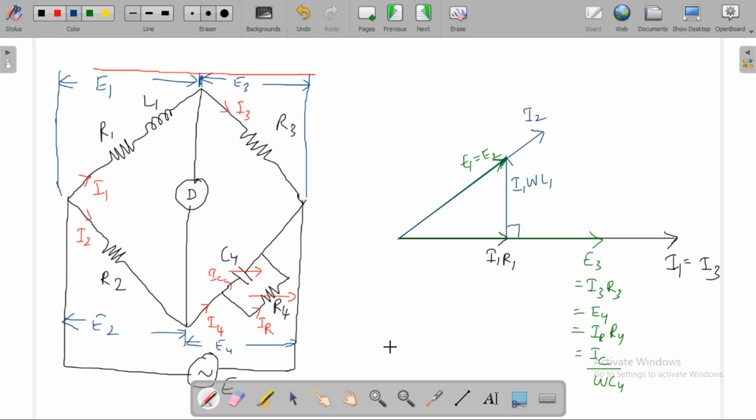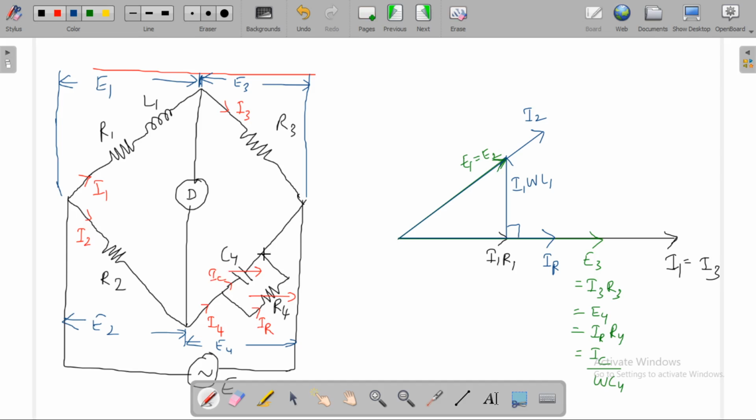Now how can I draw IR, the current flowing through this? IR will be in phase with E4. So let me draw IR here, in phase with E4. How can I draw IC?